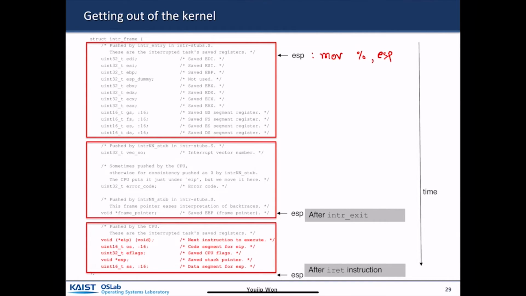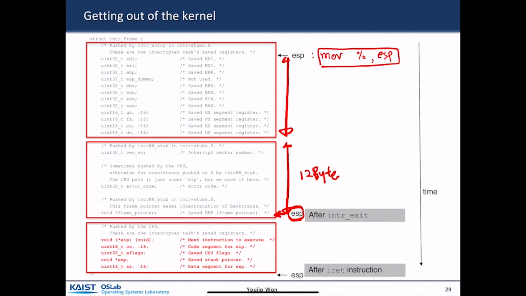So as a result of executing this statement, the ESP points to the stack top of the interrupt frame. And then it pops all the registers, and then it skips another 12 bytes. After calling interrupt exit, the ESP pointer will point to the stack top right here. And then it calls IRET.